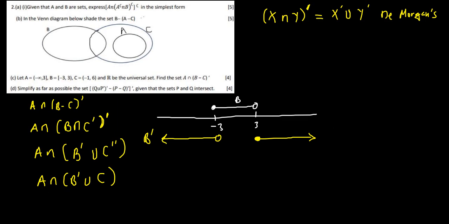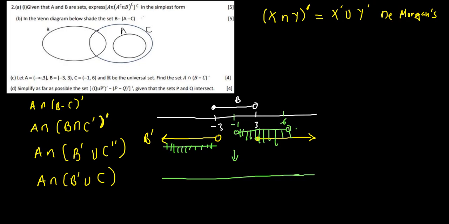So I want to find B complement union C. So get now the set C. The set C is from negative 1 up to 6, and it's open at both ends. Union means combining the sets. So when you combine the set B complement with the set C, what you are going to see is this. This is B complement. Combine it with the set C. Okay. B complement is the one in yellow.